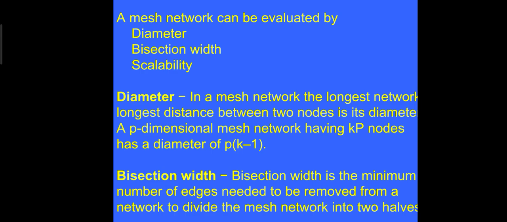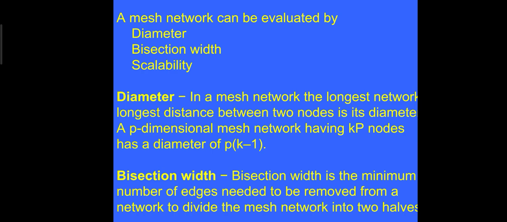A network's diameter can be calculated by using the formula p times (k minus 1), where p is the number of dimensions and k is the longest diameter.